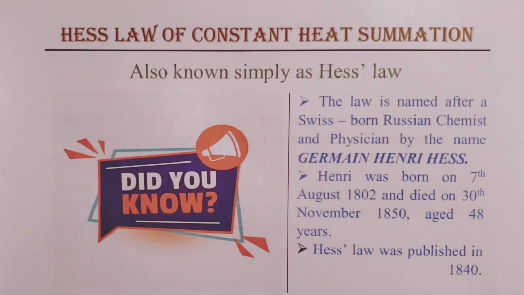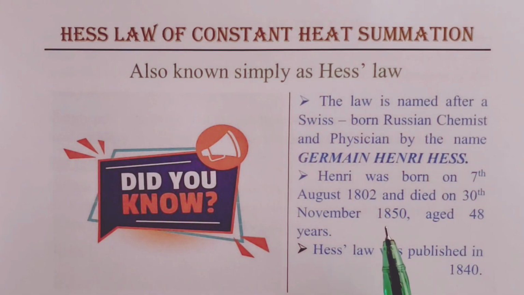The law is named after a Swiss-born Russian chemist and physician by the name Germain Henri Hess. Henri was born in 1802 and died in 1850 at the age of 48 years. This law was published in the year 1840.